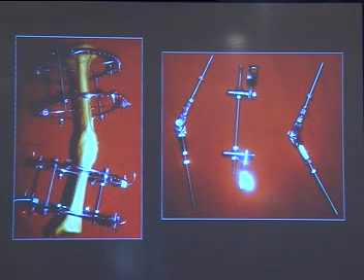One ring here, another ring. So a block of 2 rings is fixed on the proximal side. 2 rings are fixed on the distal side. Now where to put these hinges? The hinges are put at this level, in this hole, and on that side this hole, and that side this hole. And a distraction rod is put between here.